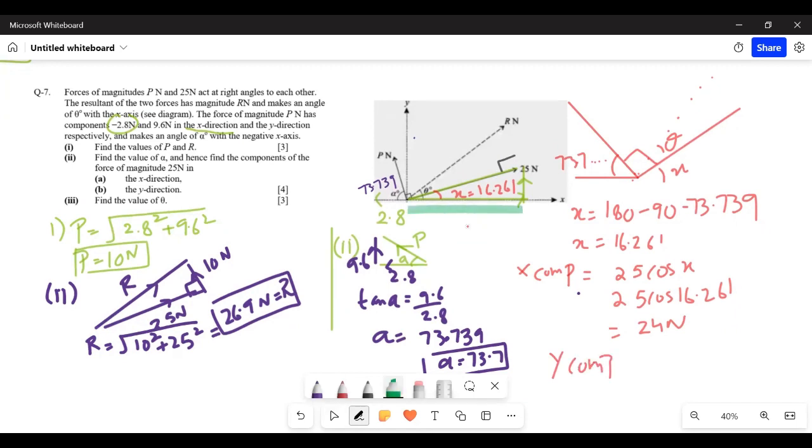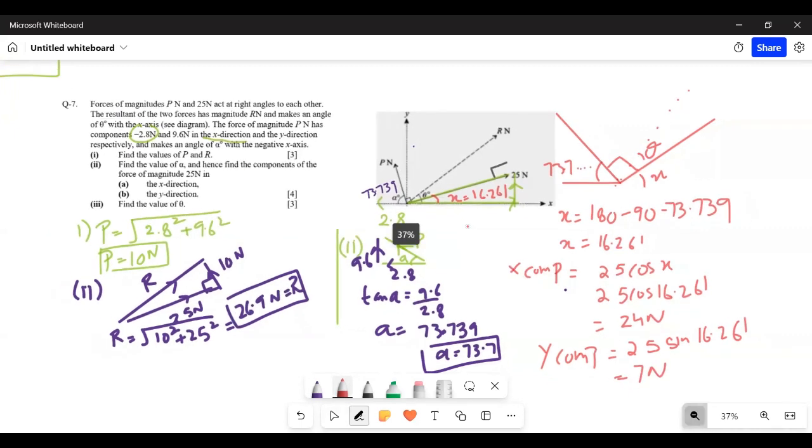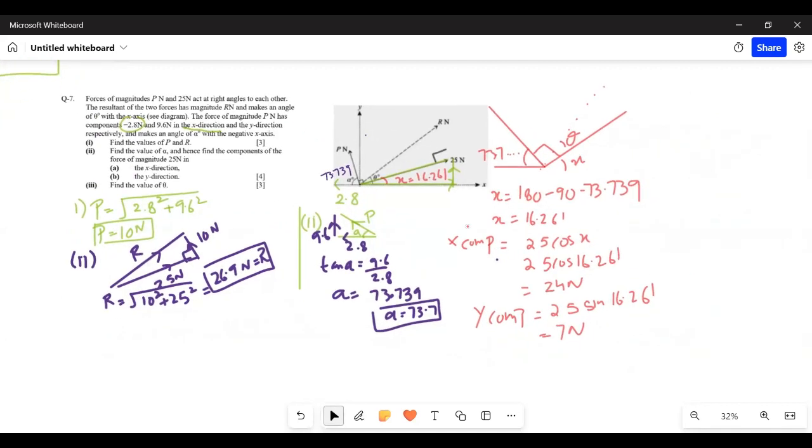Sorry, it's going to be the opposite component. So 25 sine 16.261, which is 7 Newton. So we have the answer for 2A and 2B: 24 Newtons and 7 Newtons.